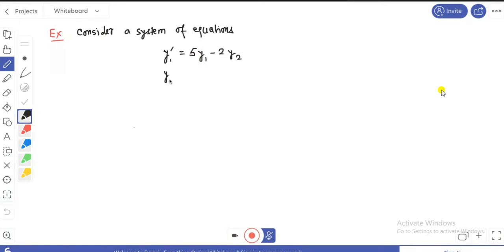Okay, and second is y2 prime equals 2y1 plus y2.